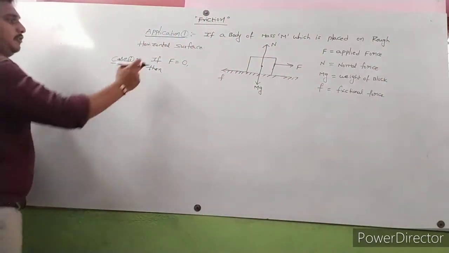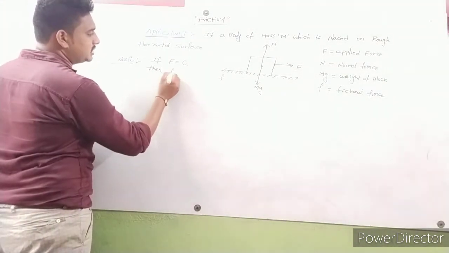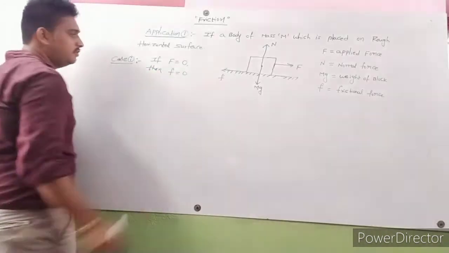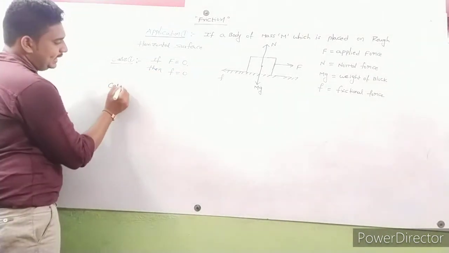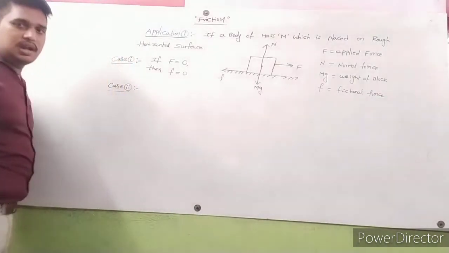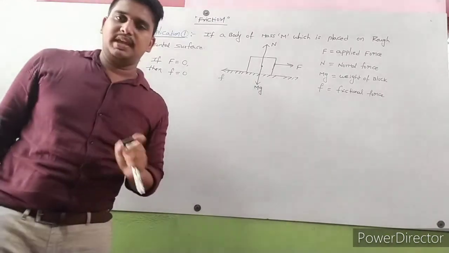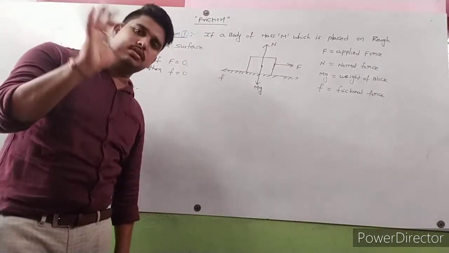So if applied force is equal to 0, then frictional force is also 0. This is the first case. Case 1, applied force is 0, definitely frictional force acting on that body is also 0.